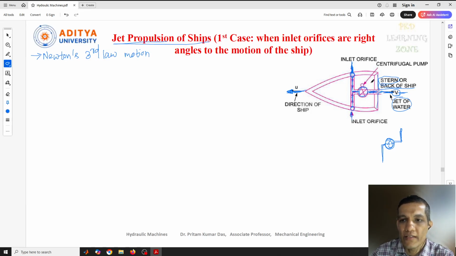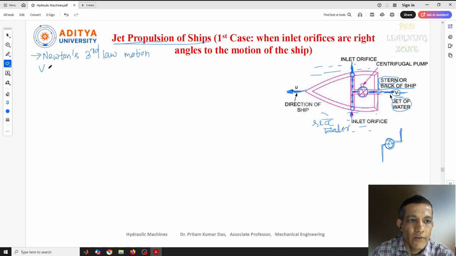So the ship carries a centrifugal pump which takes the water from the outside, because the ship is moving in, suppose, the sea. So the water is taken by this pump from the sea water, and the water is discharged through the orifice at the back of the ship with a velocity v.